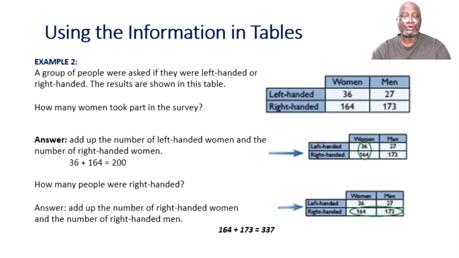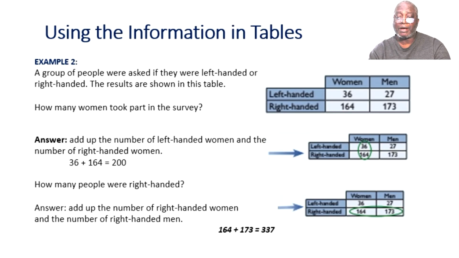Example 2 shows us another way we can use the information on the table. A group of people were asked if they were left-handed or right-handed. The results are shown on this table. Now what this example shows you is the range of information you can extract from the table by just studying it carefully.